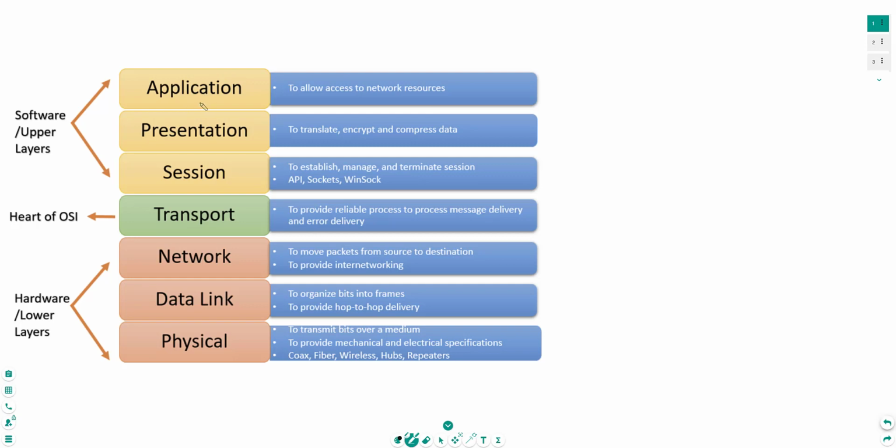So we'll start with the application layer. What does the application layer do? Let's take an example, a browser. A browser is software, and that software relies on the application layer to initiate a communication and to provide access to the lower layers and also to the network.